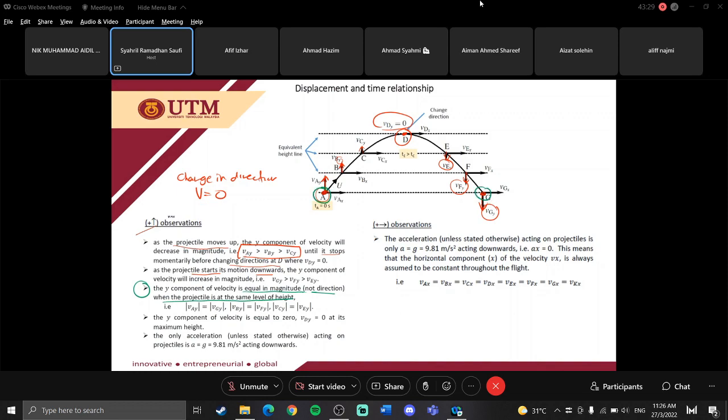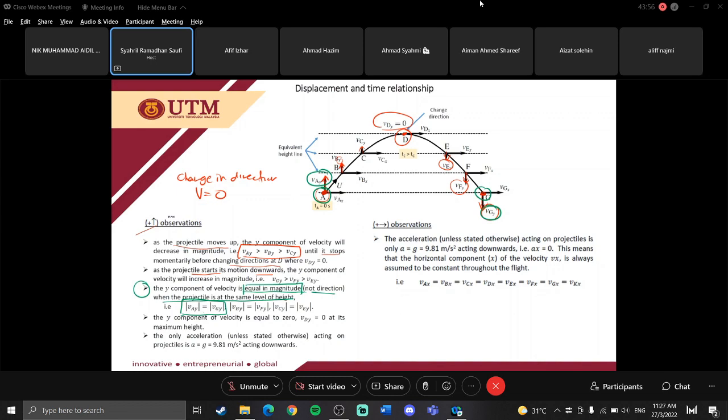So VAY will be equal to VGY, the magnitude, not the direction. As mentioned here, the magnitude of VAY will be equal to the magnitude of VGY. That's why it is put here in a modulus, modulus VAY equal to modulus VGY, because we just want the magnitude. The magnitude is the same, but not the direction.